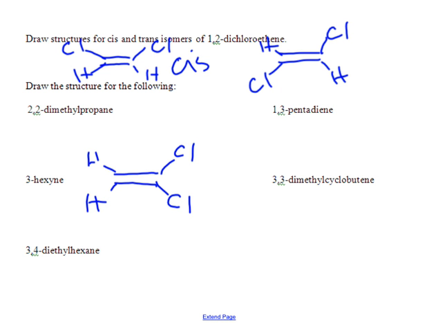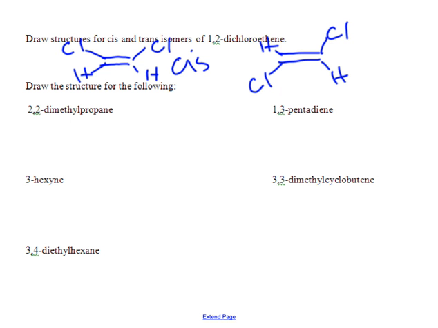Name this compound. If that's 1, 2, what's this one? That's 1, 1. So it's not even a 1, 2. So as far as cis and trans goes, this does not have cis and trans properties. Because if I break this bond, rotate it, would it look any different? I'd still have 1 Cl above and 1 Cl below, no matter what I do. Okay?